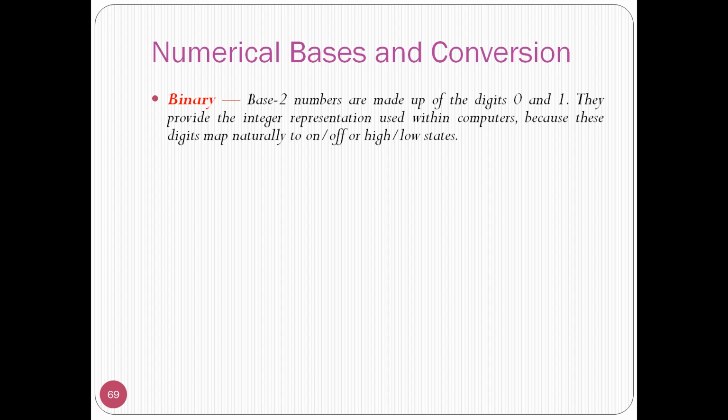Generally, in the binary numerical base, the binary numbers are made up of two digits, 0 and 1, also known as on and off, or sometimes high and low states, as represented in computers.